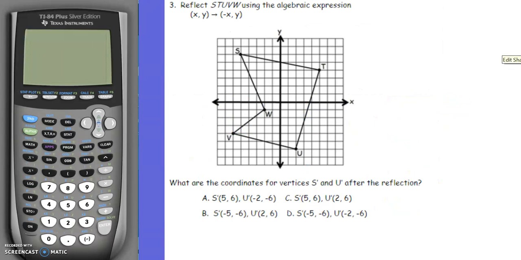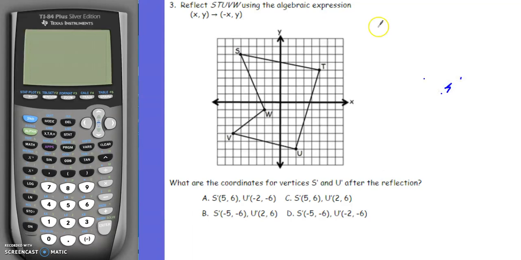Reflect STUVW using the algebraic expression (x, y) to (negative x, y). So basically we are flipping it over the y-axis. Okay, and it says, what are the coordinates for the vertices S and U after the reflection?